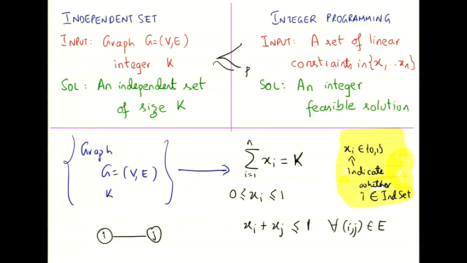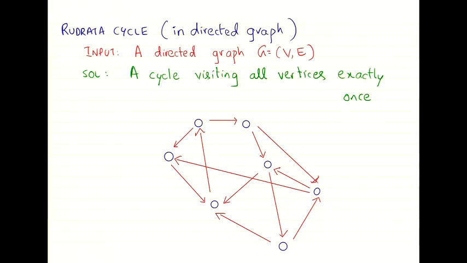Okay, so let's move on. That's good, so this is an easy one. Let's look at something more tricky. Let's look at this problem. It's basically the Rudrata cycle or the Hamiltonian cycle problem.